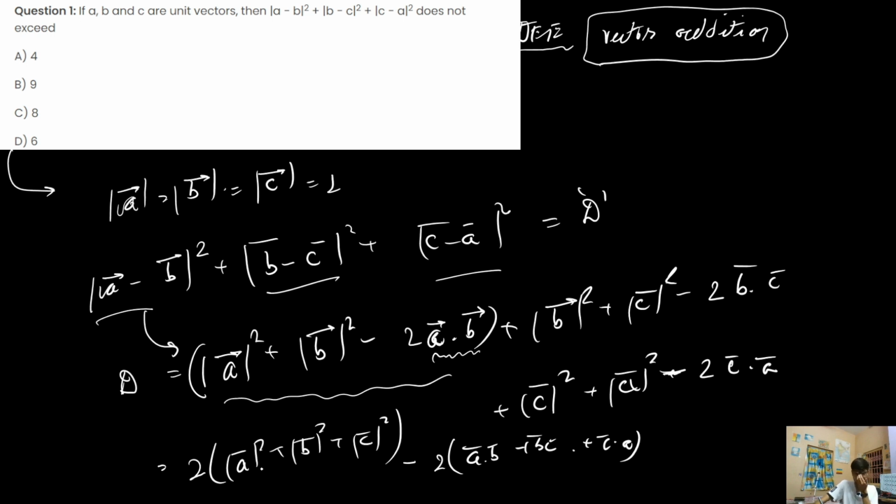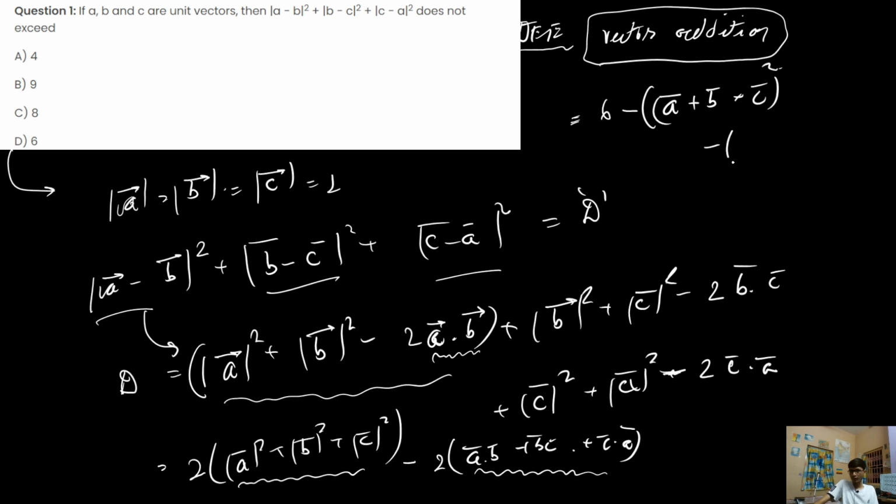Now if I see that all the modulus values are equal to 1, the result comes out as 2 into 3, that is 6, minus 2 times a into b plus b into c plus c into a in vector quantities. This can also be represented as a plus b plus c vector whole square, minus the modulus of a whole square plus the modulus of b whole square plus the modulus of c whole square.